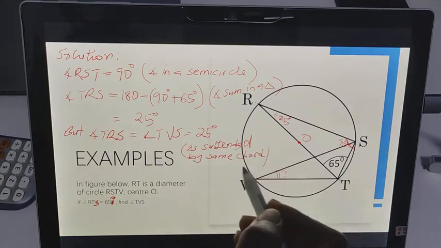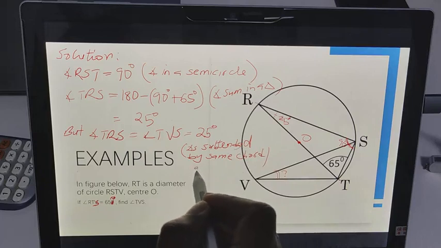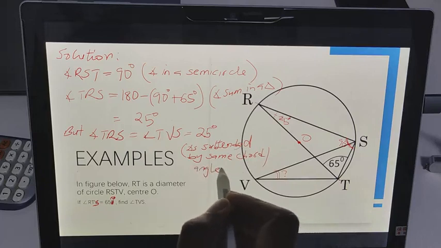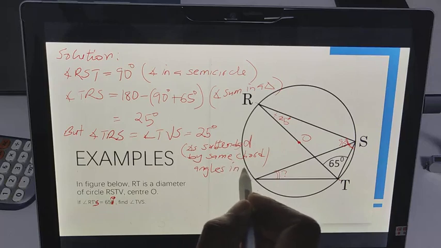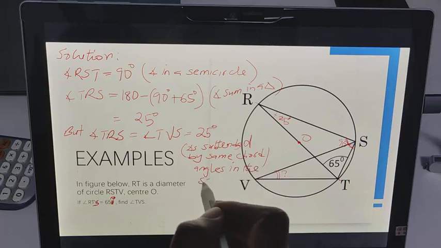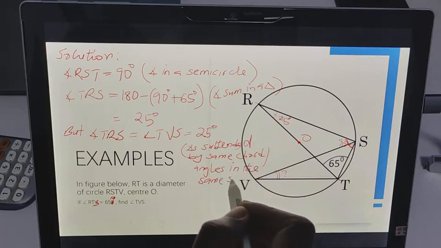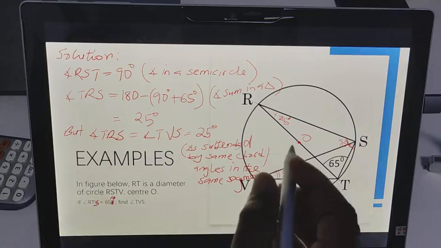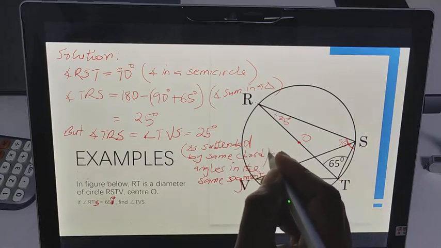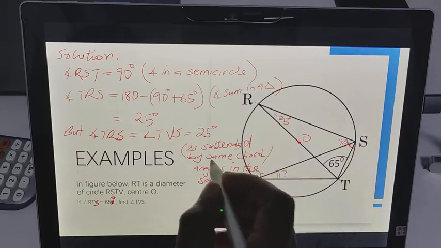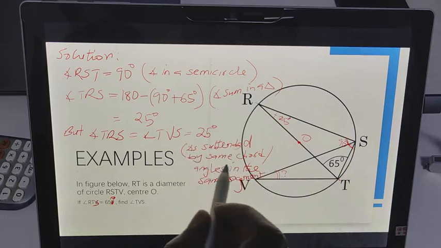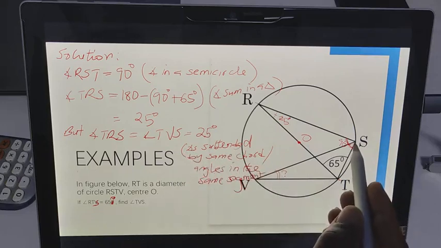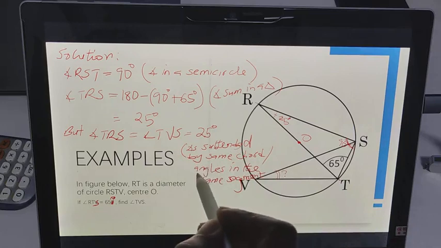You can also say all angles in the same segment. You choose one of those. It's either angles subtended by the same chord, that's the chord, or all angles in the same segment.